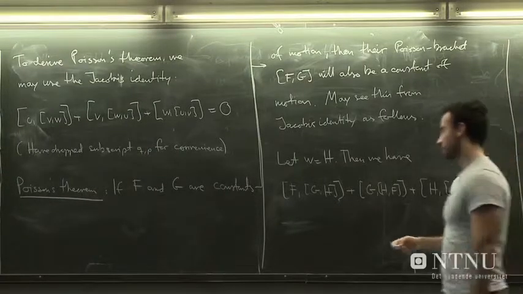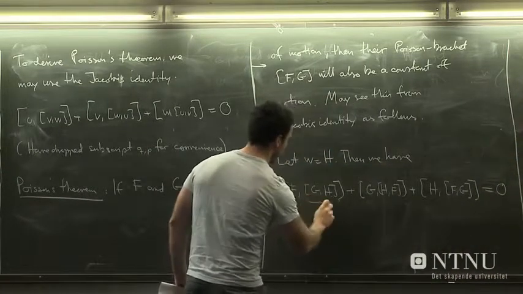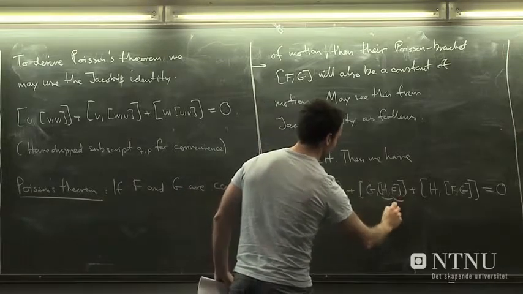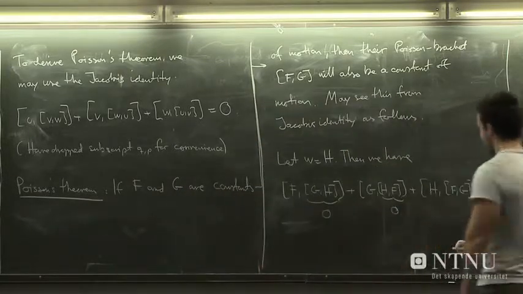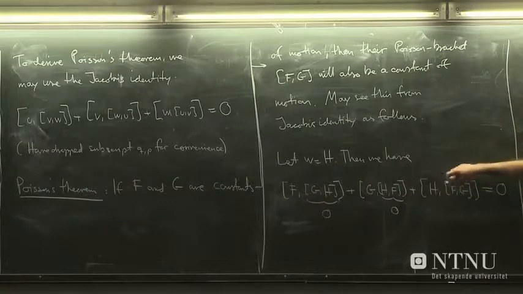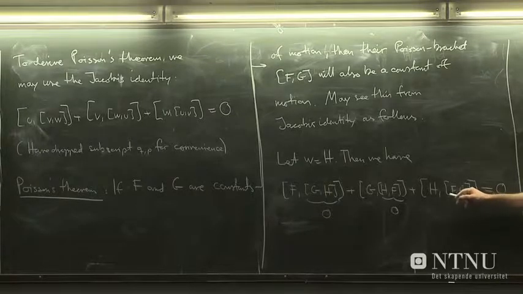And in that case, this is 0, this is 0. So it follows that this quantity here, whatever it is, also has to be a constant of motion, since its Poisson bracket with h is 0. Or if we formulated this in quantum mechanics, its commutator with h would be 0.